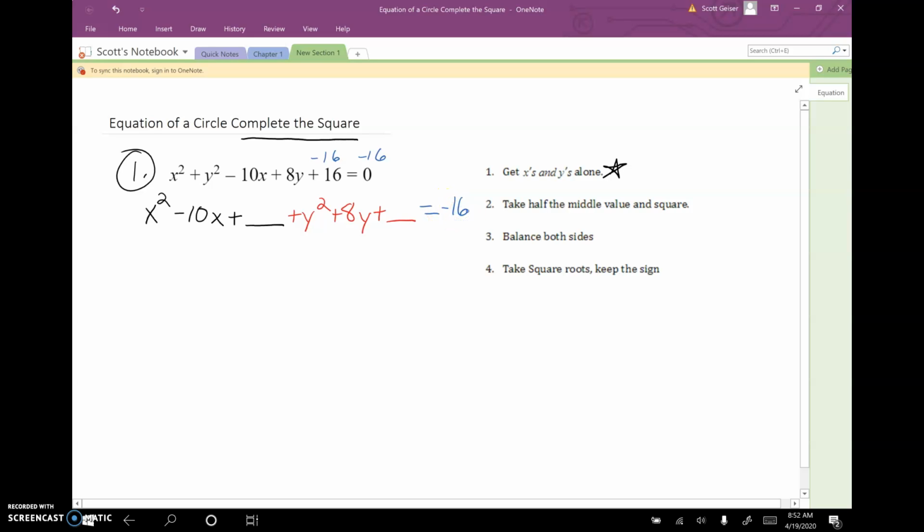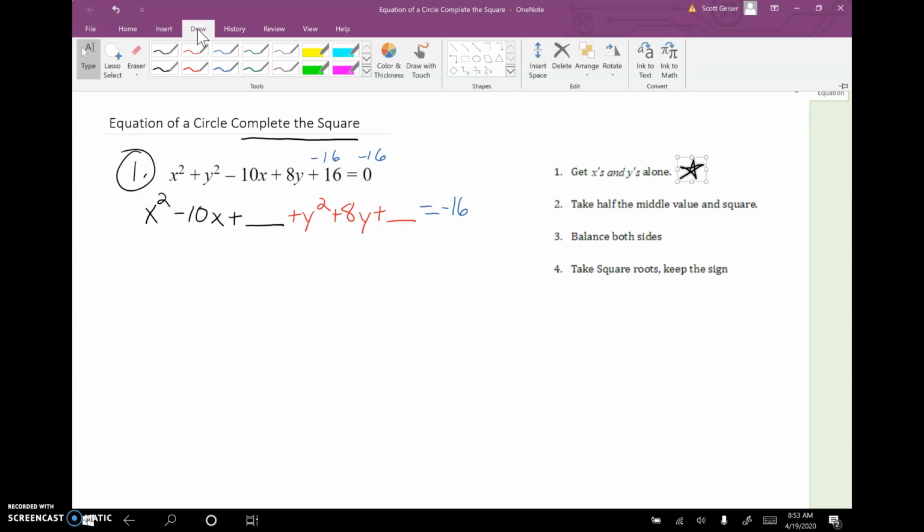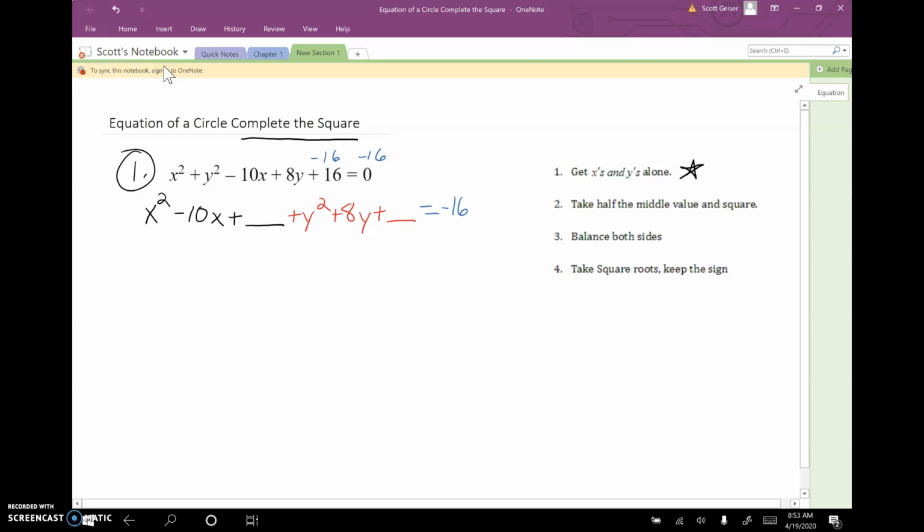Okay. And now I'm going to balance both sides of the equation. So in order to complete the square, there's just one rule that you kind of have to remember. Okay? You take half the middle value and you square it. So for this first one with the x's, with the black, this middle value or the b value, I'm going to take half of it, so negative 10 divided by 2, and square it.